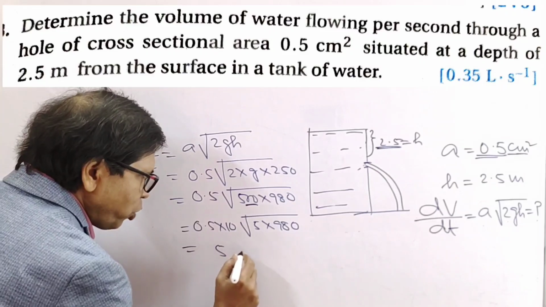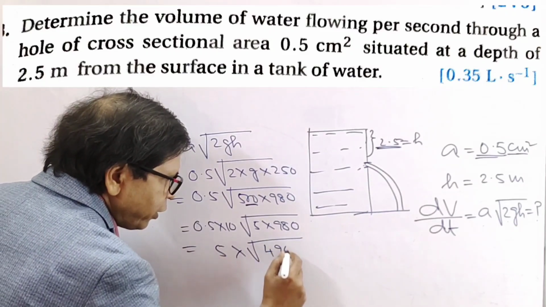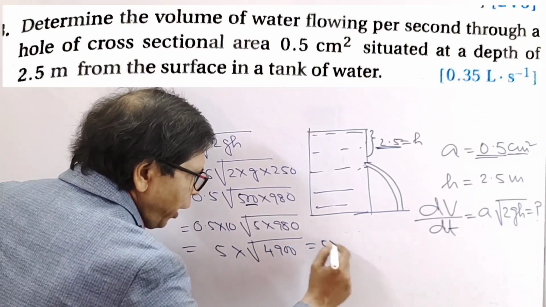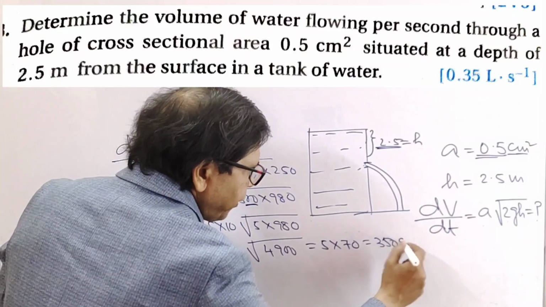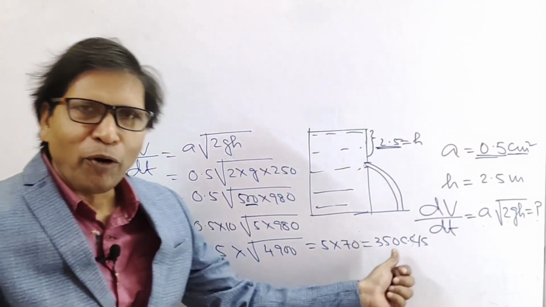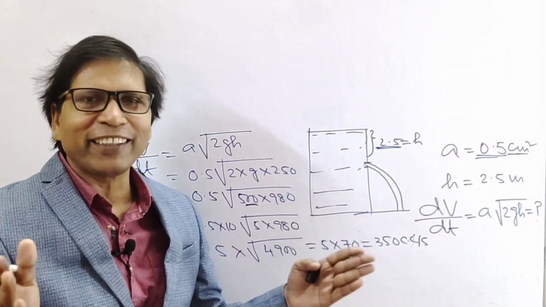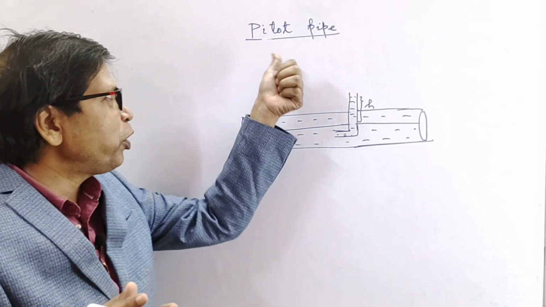Now this is 5 into root under of 4900. So this is 5 into 70. So this is 350 cc per second, the rate of volume of liquid flowing per second. Okay, understood?